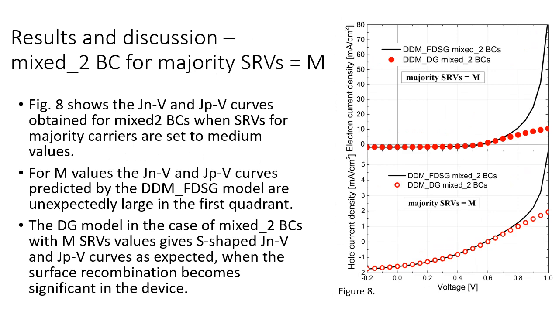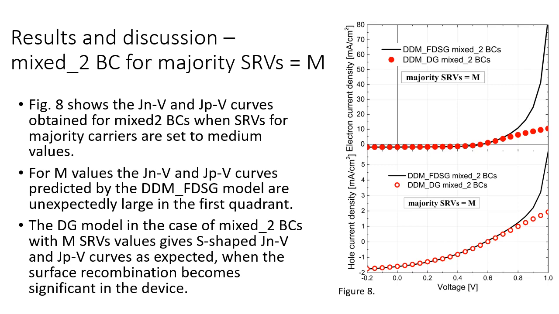Figure 8 shows the JNV and JPV curves obtained for mixed 2 boundary conditions when SRVs for majority carriers are set to medium values. In the upper graph, the electron current density Jn curves for DDM FDSG and DDM DG are shown in black and in red line respectively, both with mixed 2 boundary conditions.